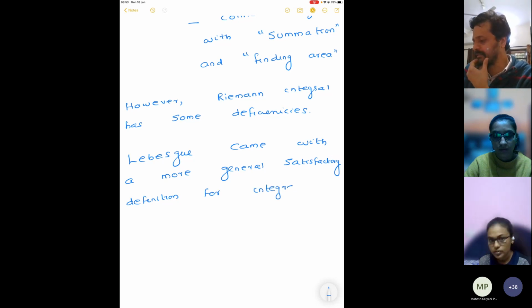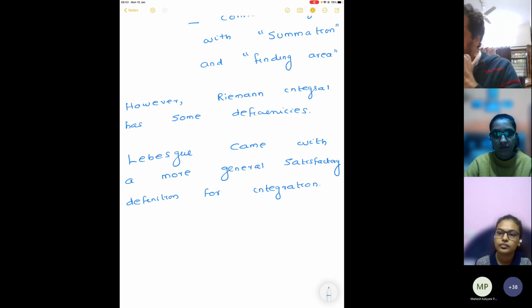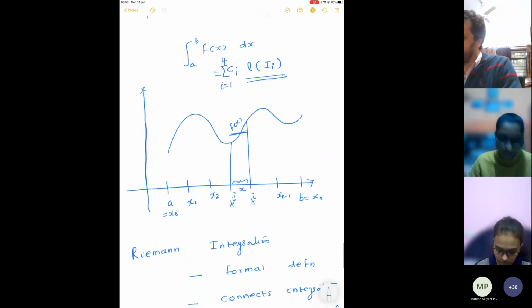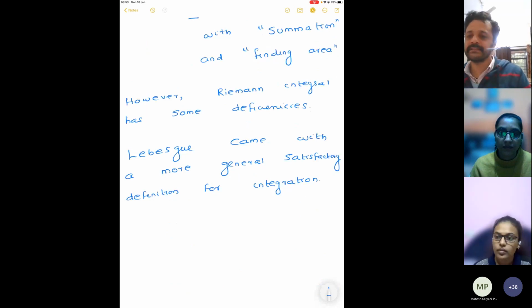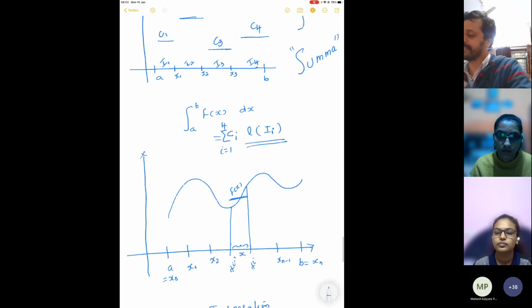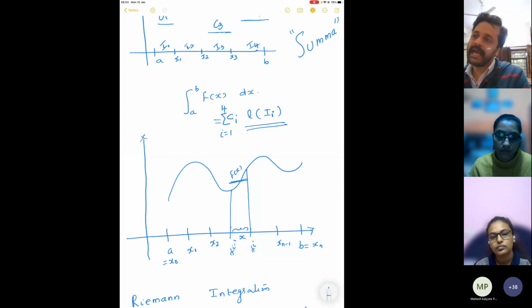Again, of course, the course is about Lebesgue measure and Lebesgue integration. But before that, let us try to understand what Lebesgue did. Again, intuitively, let us try to understand. What Lebesgue did is, he revisited Riemann's process and tried to interpret it in layman's language. Okay, let me try to give you this example. Now, you consider this f of x, that curve, as if you have packed several currency notes, let us say.